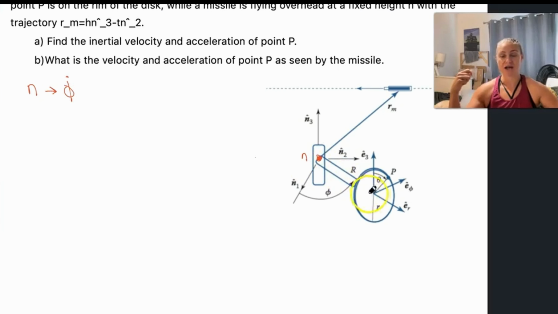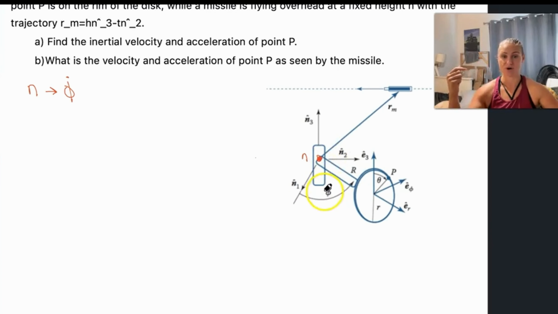The shaft, big R, is rigidly attached to this frame. So as the pole rotates, the shaft also rotates at a rate of phi dot.